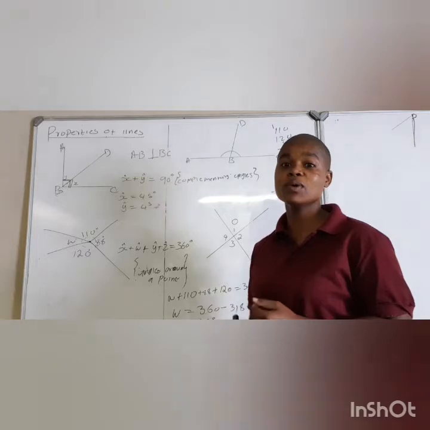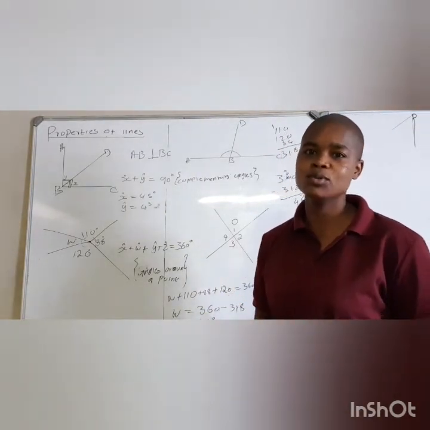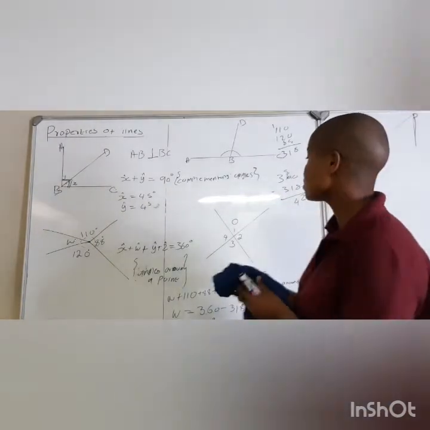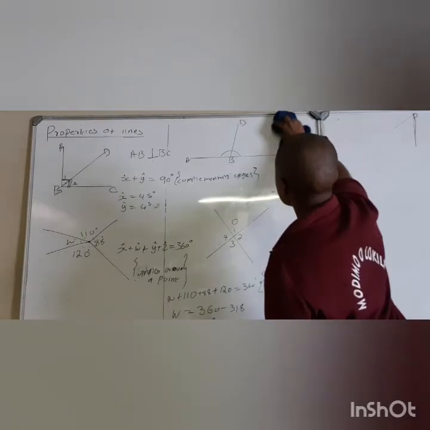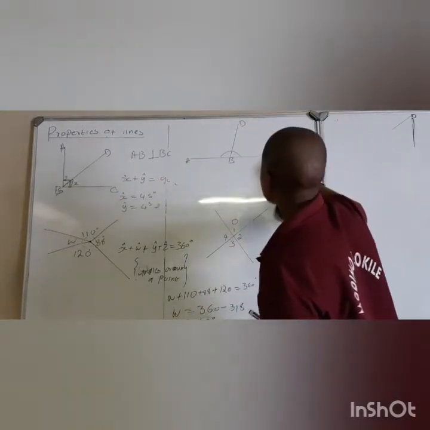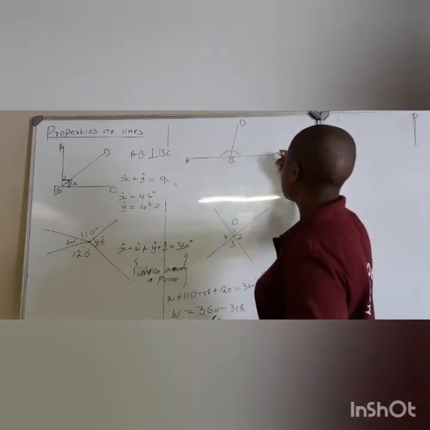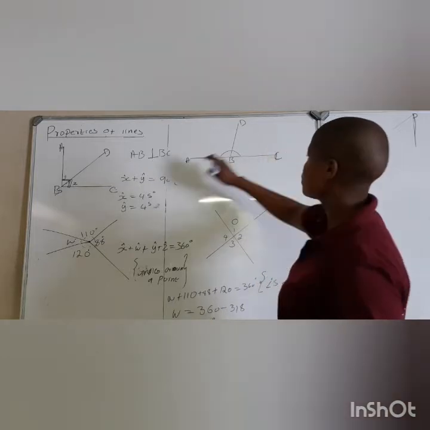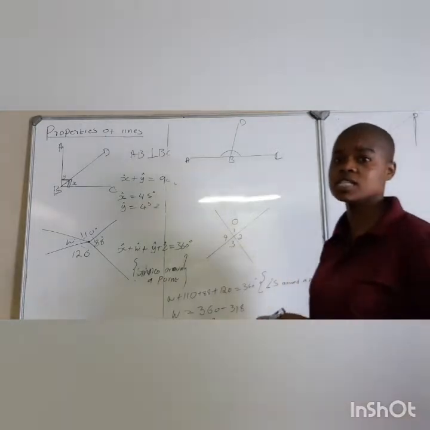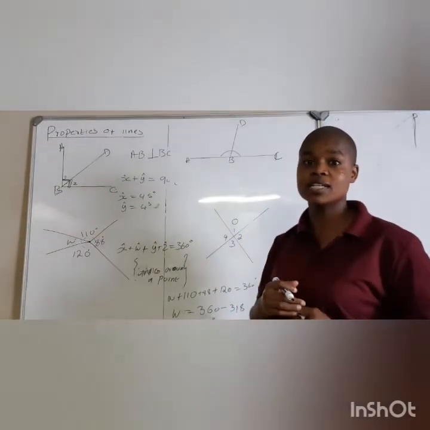What do we mean when we say angles are supplementary? We simply mean those angles add up to 180 degrees. Because of space, I'm going to delete here. We have A, B, C, D. Angles on a straight line add up to 180.